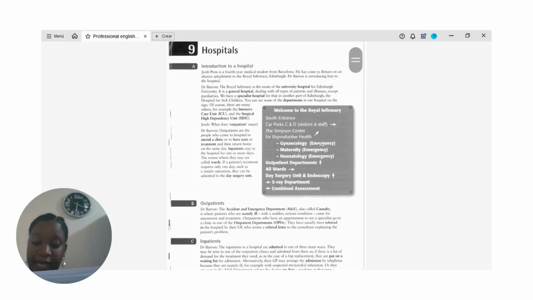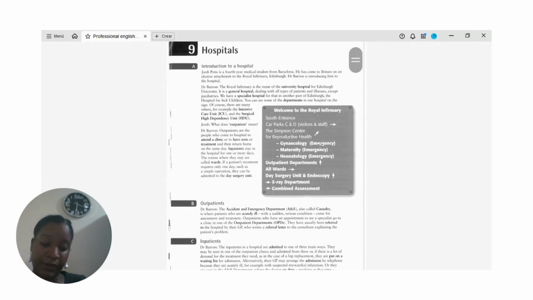C. Inpatient. Dr. Baron: inpatients in a hospital are admitted in one of three main ways. They may be seen in one of the outpatient clinics and admitted from there, or if there is a lot of demand for the treatment they need, as in the case of a hip replacement, they are put on a waiting list for admission.